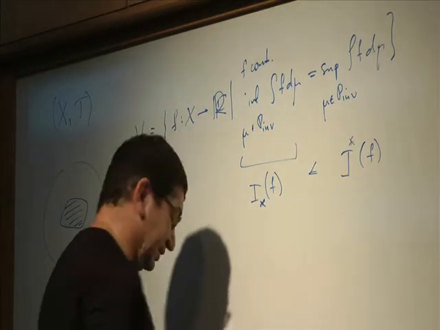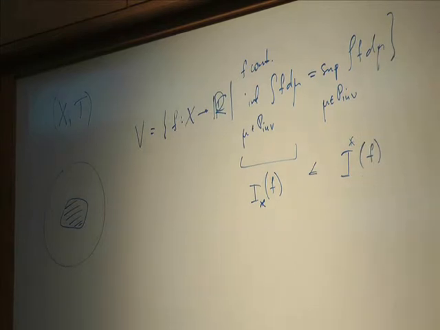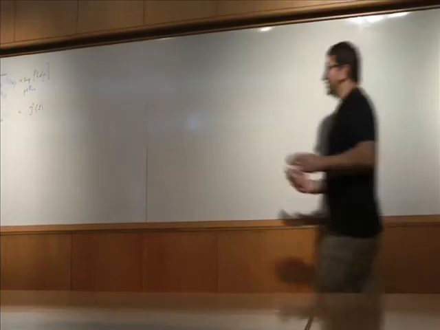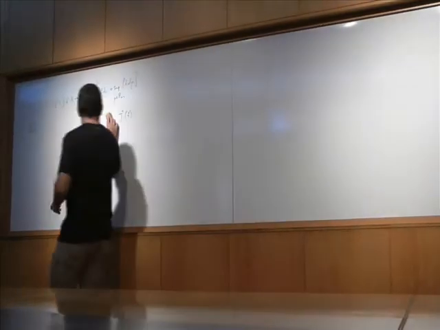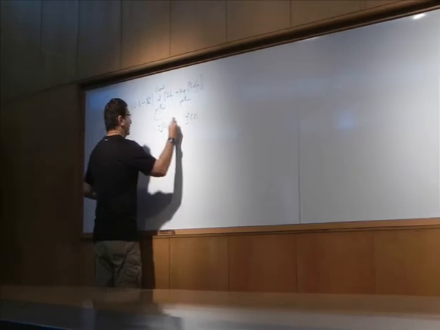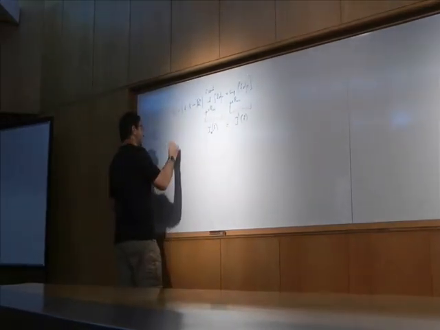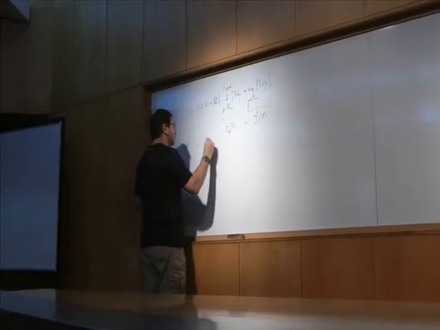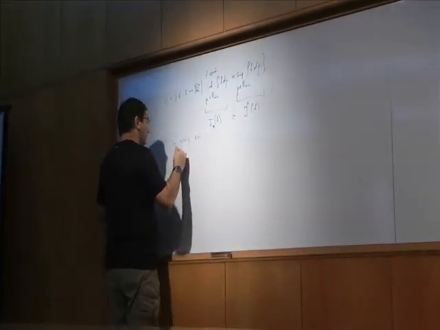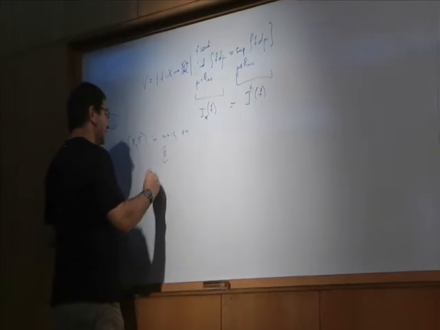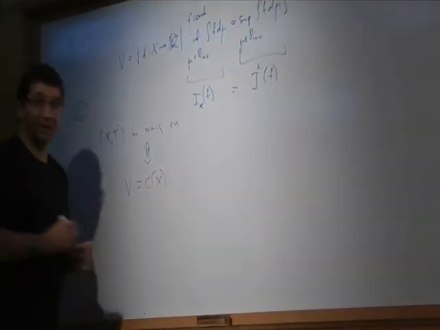So there is a trivial inequality between them, but you can look at those functions for which there is equality. In the case of unique ergodicity, (X,T) is uniquely ergodic if and only if this V equals C(X), right?